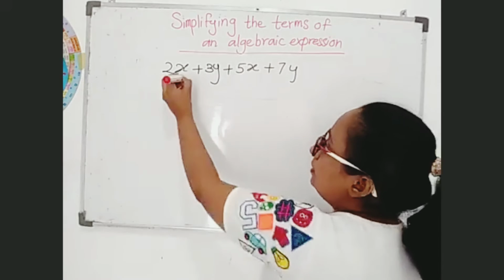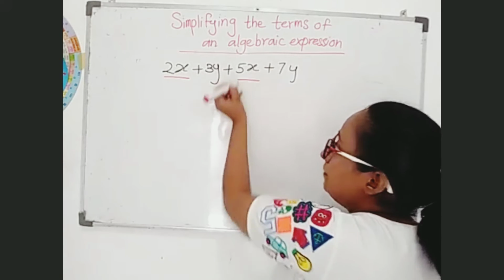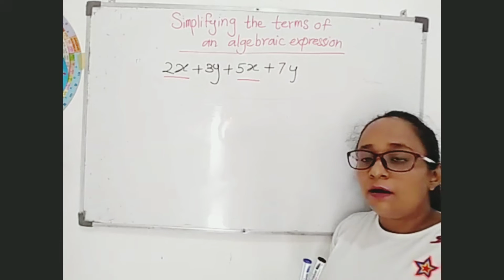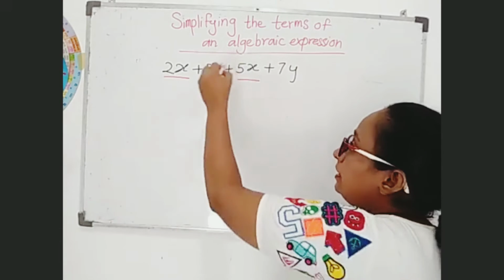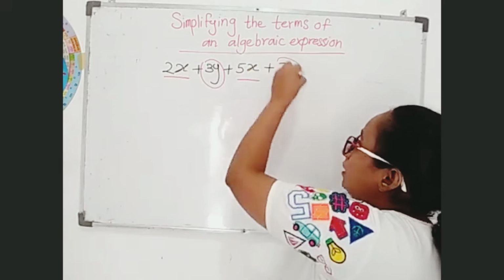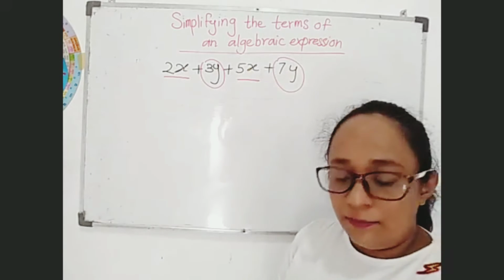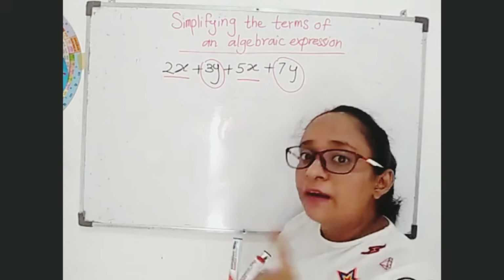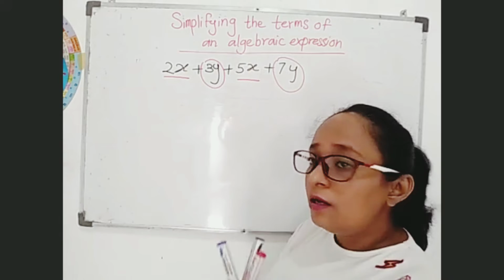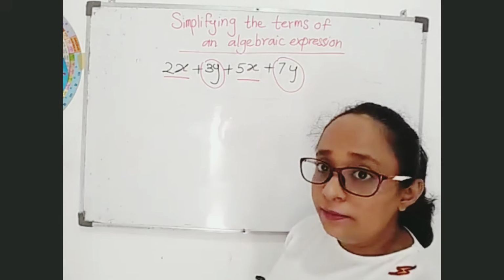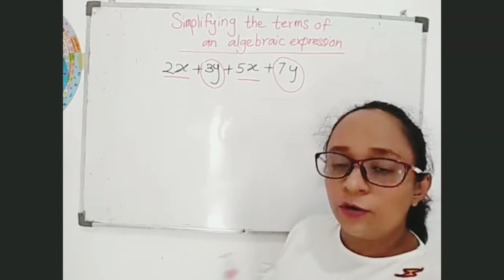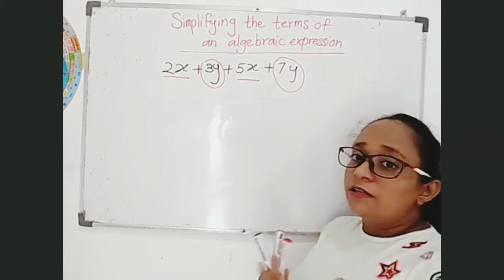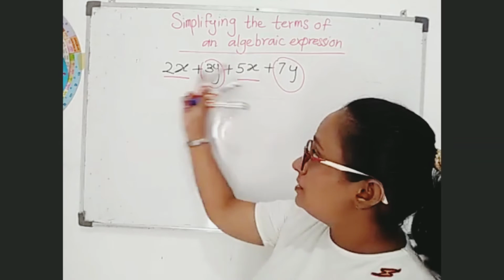We can take the terms with x separately, and then we can consider the terms with y separately. I'm not going to make much change, I'm just going to rearrange this without making any significant difference to the expression.